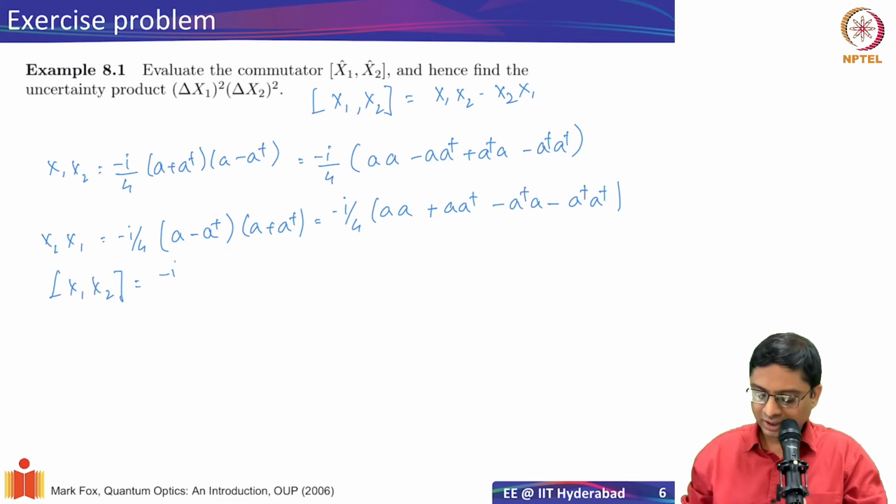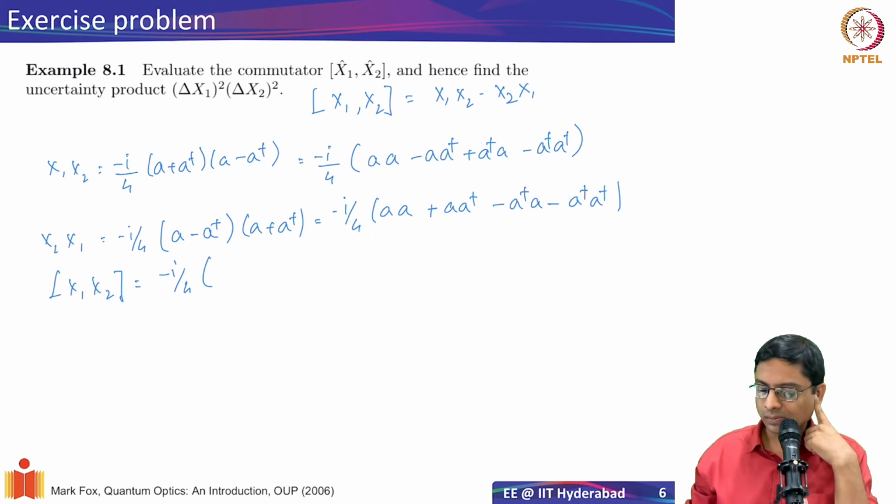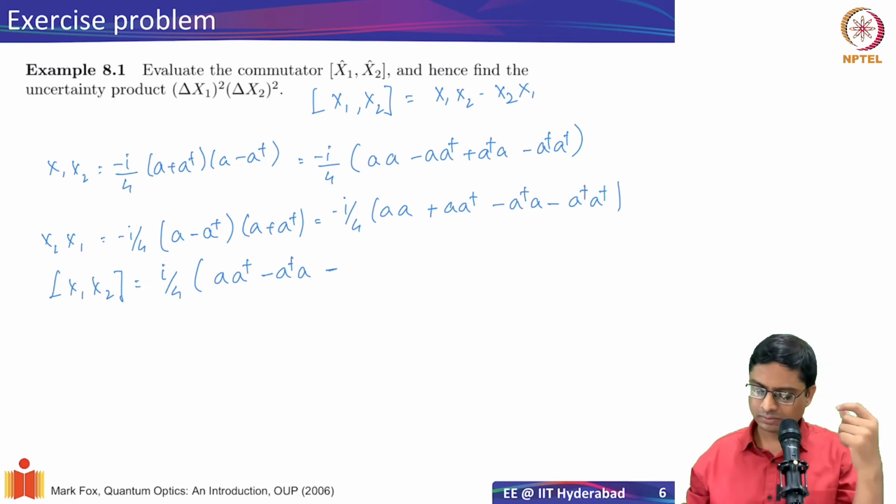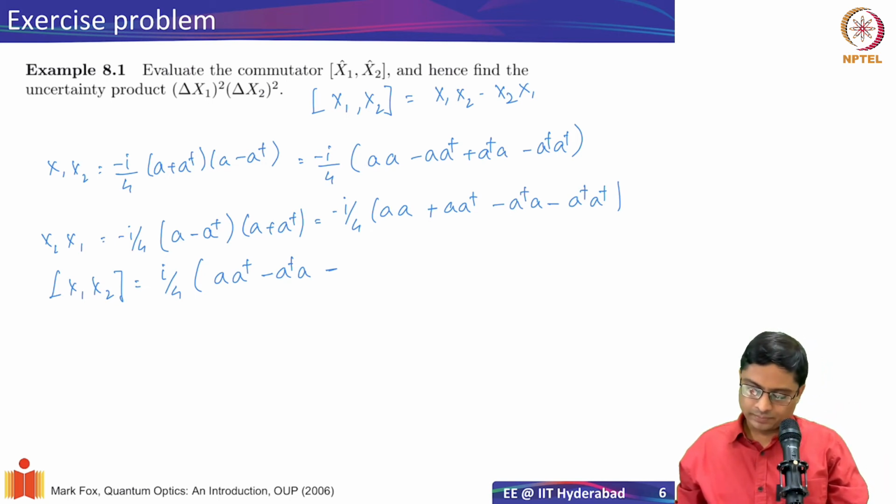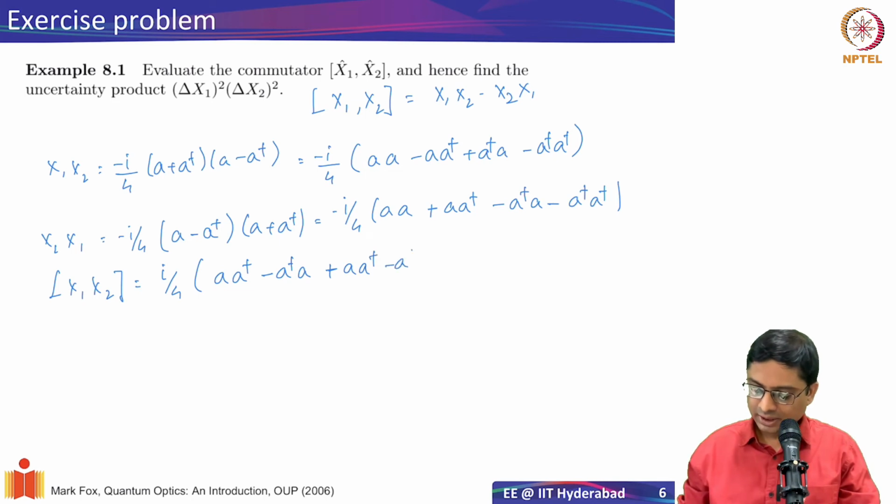So what it will turn out is minus i by 4 times, taking the minus inside, a a dagger minus a dagger a from the first term, minus, again one more minus, a dagger a minus a a dagger.